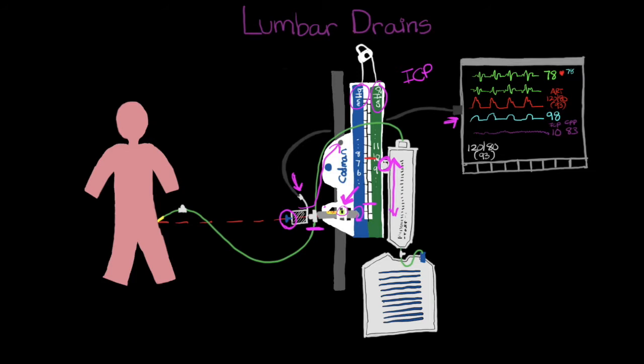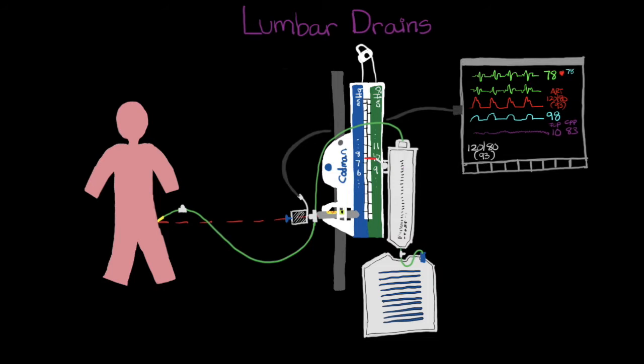The way this drain works is that if you have it set at 10, or 7.4 millimeters of mercury, in order for anything to drain out of your patient and into the drip chamber, there has to be a greater spinal cord pressure above 7.4. So anything above 7.4 will spill over out of the patient and into the drip chamber.